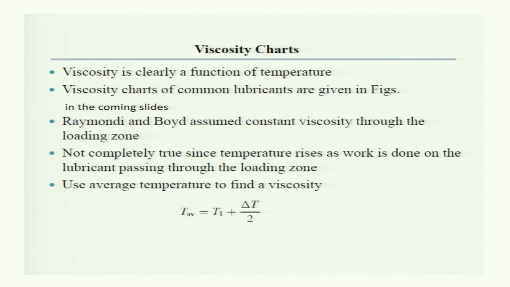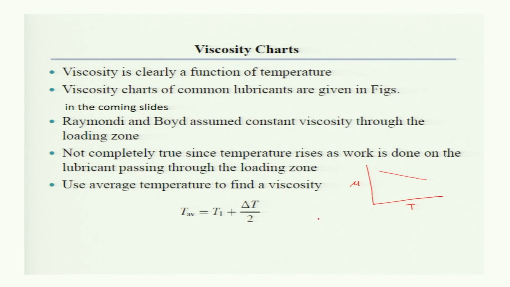Now, the viscosity chart: that means with the temperature, what will be the value of viscosity? We know that with the increase in temperature, the viscosity decreases. So, for a particular lubricating oil, this type of variation will be there. There is a temperature chart which gives us the mu.